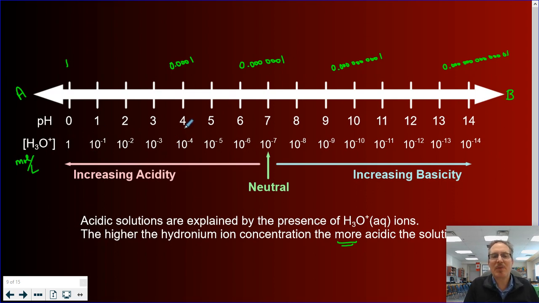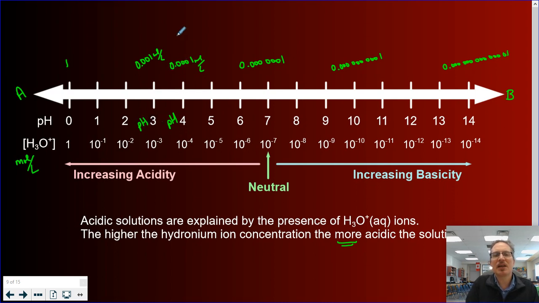Now, I want to do a comparison on this. So let's take this a step farther. If I have a pH of 4, that's 0.0001 moles per liter. Well, if I have a pH of 3, that's 0.001 moles per liter. If I was to compare these two, a pH of 3 and a pH of 4, what can we say about my pH of 3?